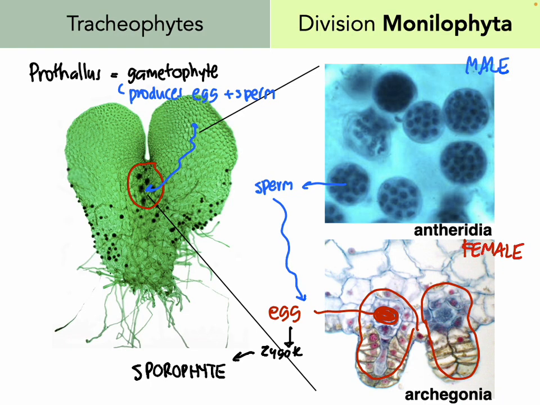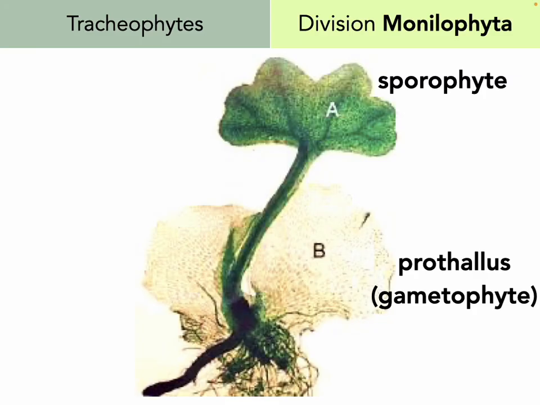So right on that same prothallus, like right on the same heart, you produce sperm. It's very far away. Over there, you produce egg here. The sperm swim to the egg, fertilize, and make a new sporophyte right on there. And this is a young sporophyte.